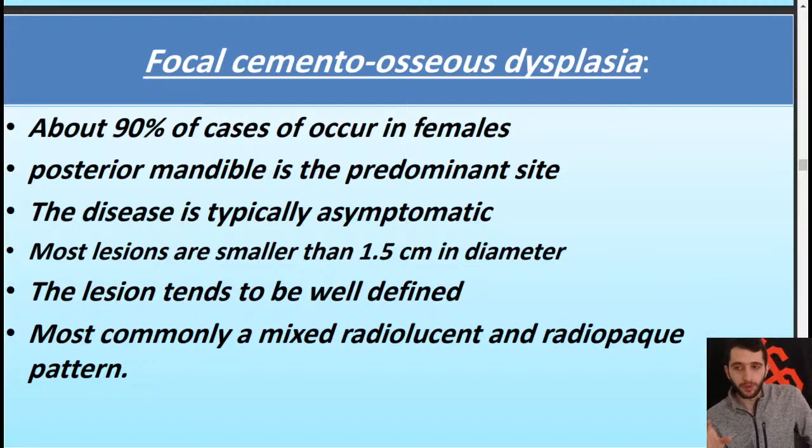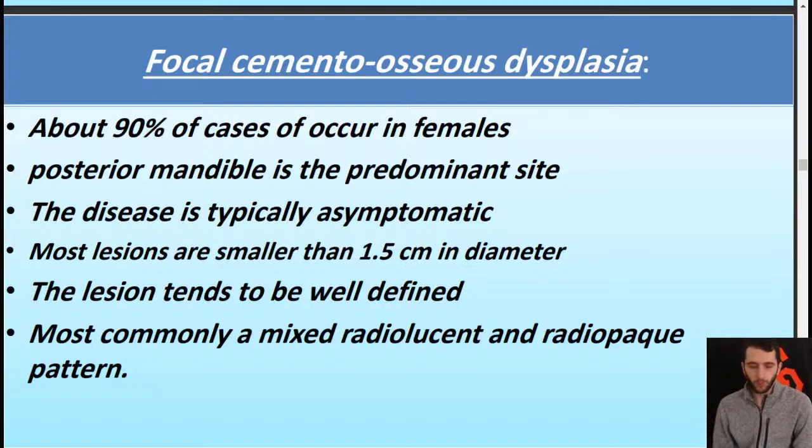I am comparing this lesion with the previous lesions that we have discussed: fibrous dysplasia, polyostotic, monostotic and Albright. Now we talk about the cemento-osseous dysplasia, and I'm comparing it to the others.